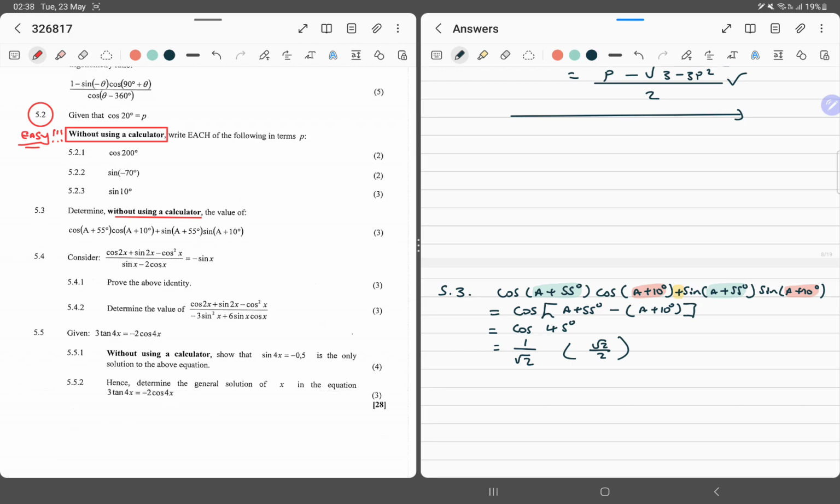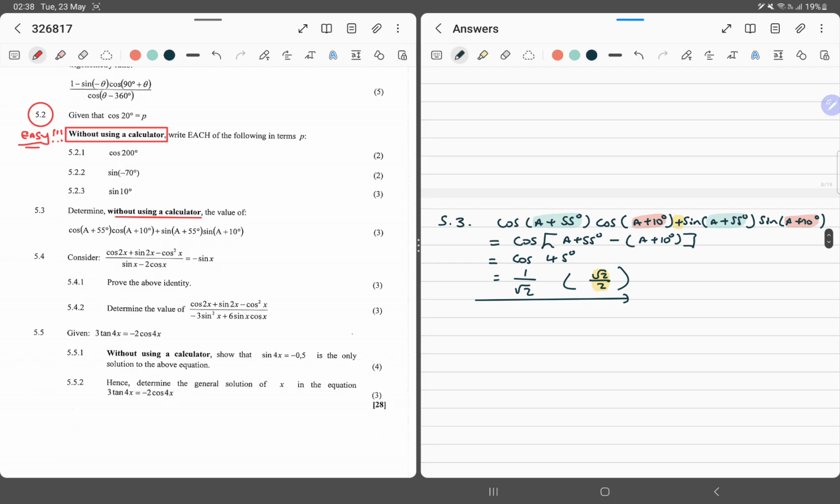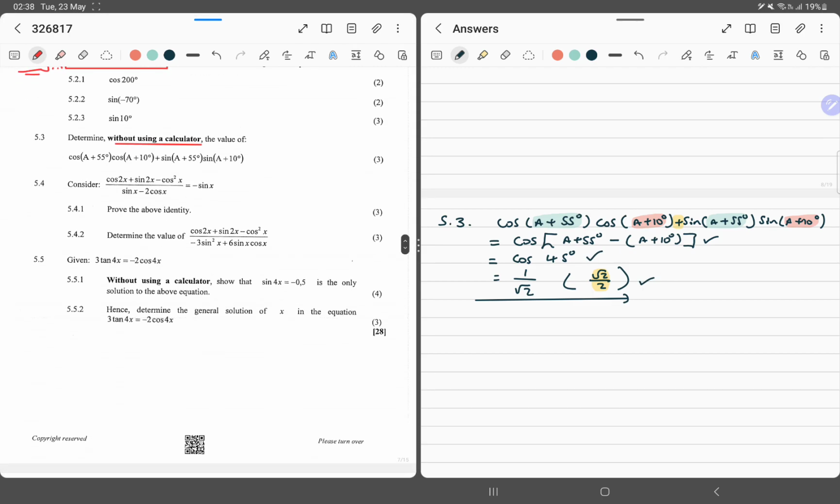In grade 11, you will never be allowed to leave things like that. You need to rationalize. So maybe if you rationalize, it's safer. But it doesn't matter, so the answer is like that. Okay. Easy. So this story here is important, and then coming down to that, and then the answer. That's how you get your 3 marks.